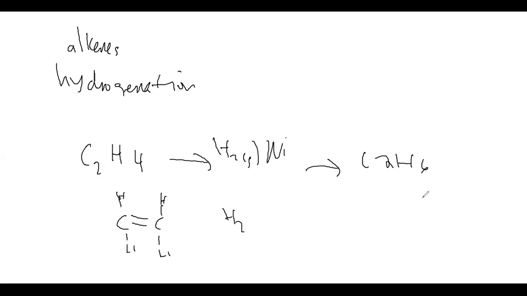Okay. They also want you to know that this is also called an addition reaction. And it's also used to produce solid margarine from unsaturated liquid oils. So like, you know, butter is solid at room temperature, right? It's solid because it's saturated.